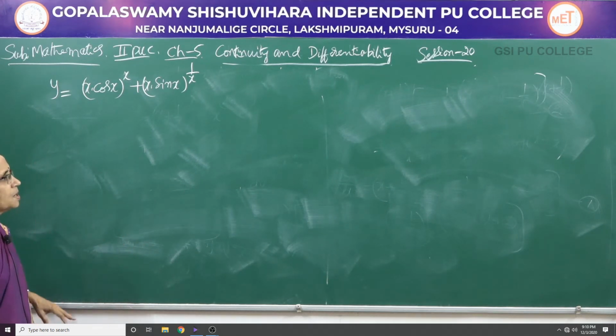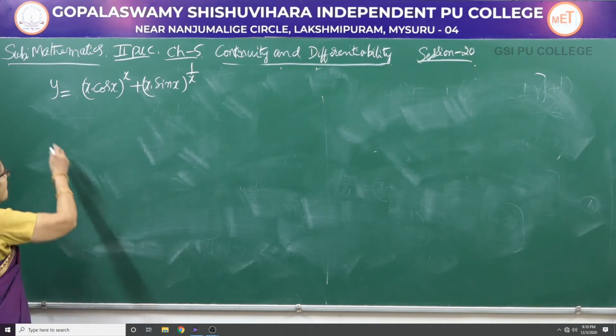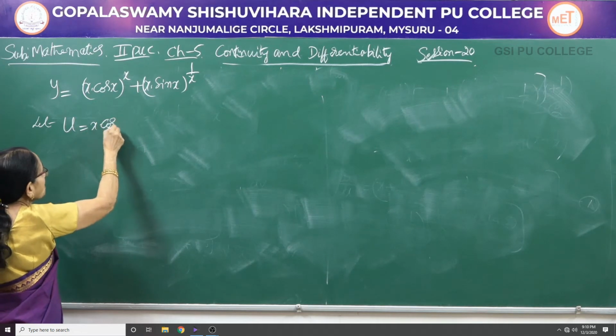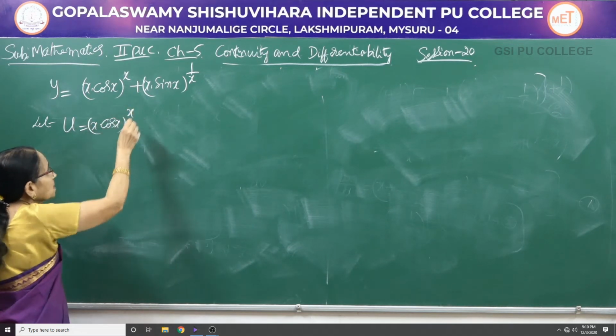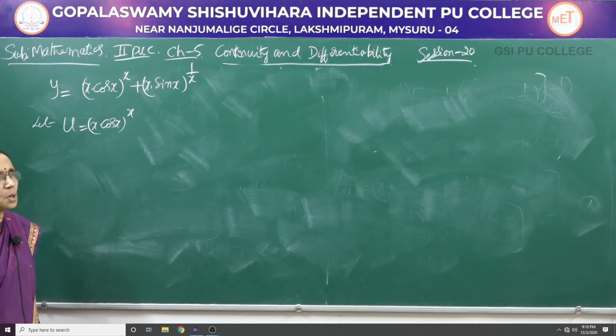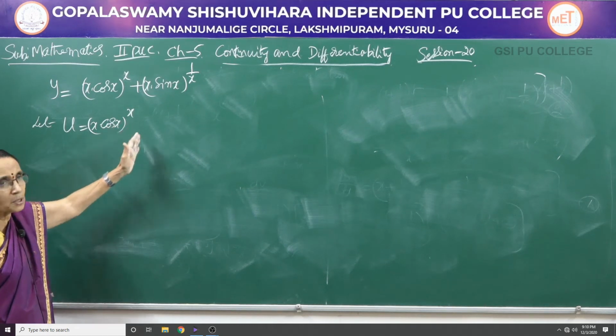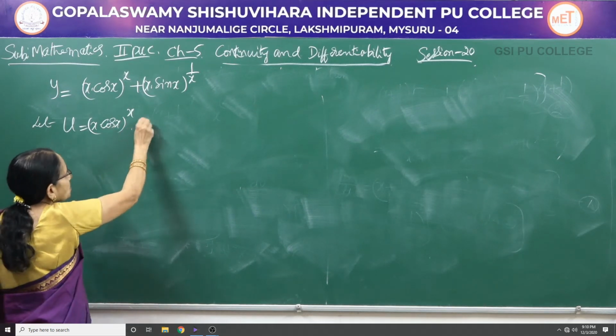Now as usual, let me take them one by one. Let u be equal to (x cos x) whole to the power x. Because it is of the form some function raised to some other function, take logarithms.